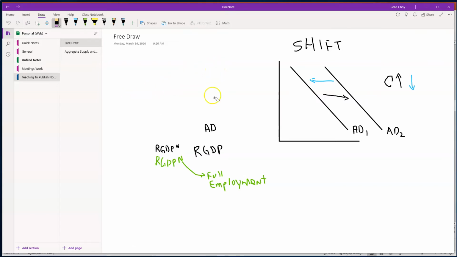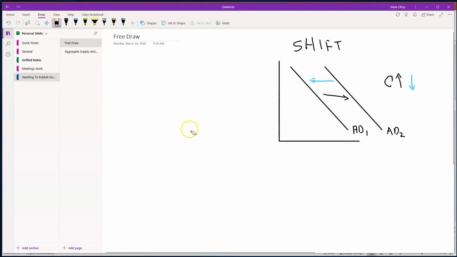So in a very general way, when the Federal Reserve changes the level of interest rates, it affects economic activity because it makes companies more or less likely to invest, and it makes consumers more or less likely to buy, not to mention foreigners. So the relationship between, and let's use lowercase i as interest rates.